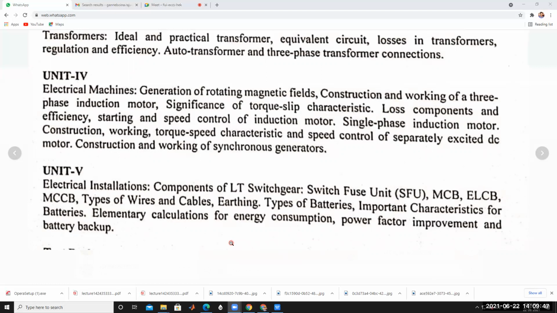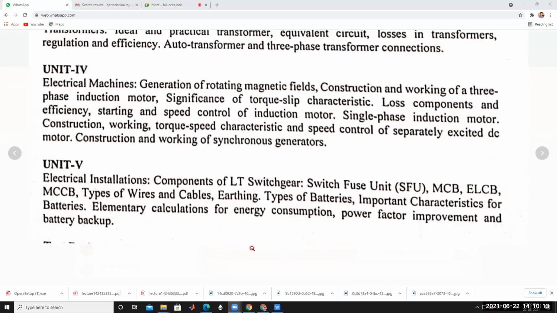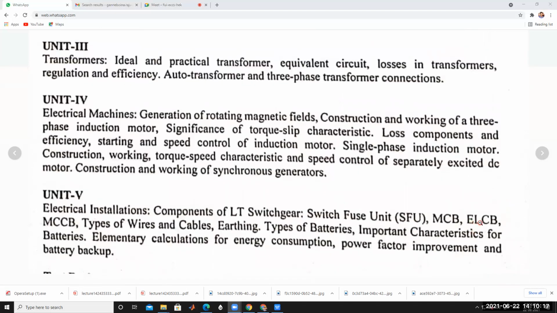When a fault occurs on equipment, when any installation fails, for example fridges or TVs, there may be a short circuit between earth and your device. In that case, to protect human beings from earth faults, earth leakage circuit breakers can be used. Understood? The earth leakage circuit breakers are used under leakage current.